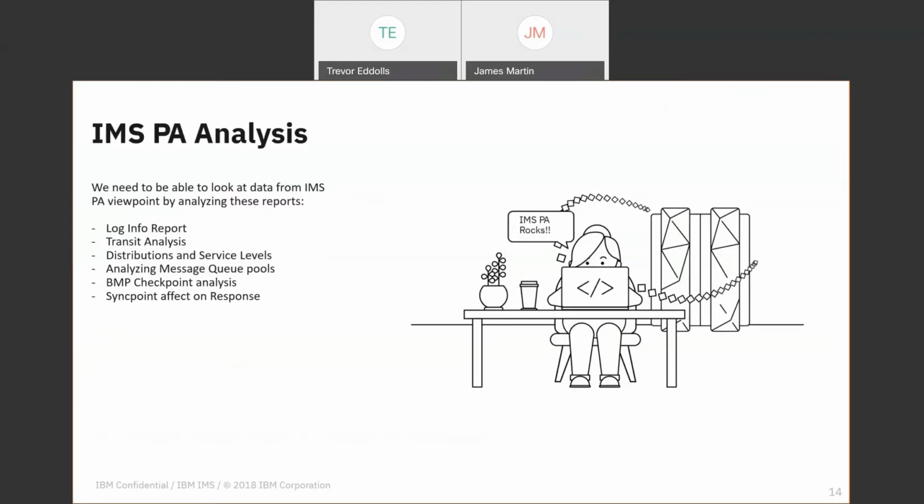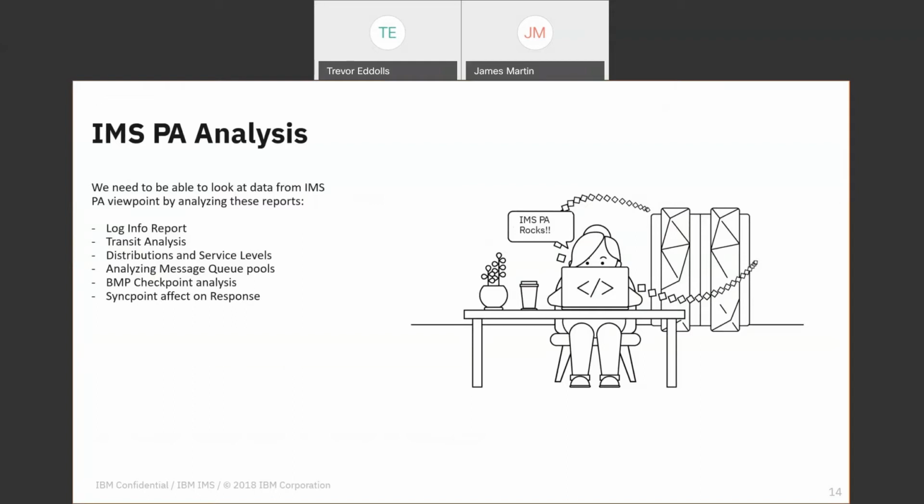Of course, I'm not going to give you an overall product review and show you all the aspects, but if there's anything performance-wise around IMS that you want to investigate, Performance Analyzer is a tool that you really, really need to be looking at. I'm going to look at the log information report, and I'll go into detail on all these reports as we go through.